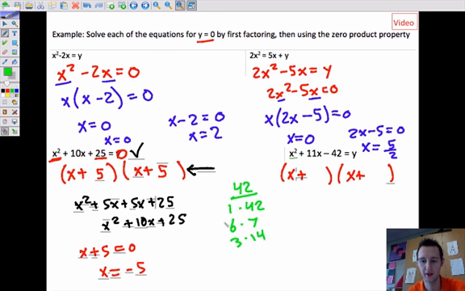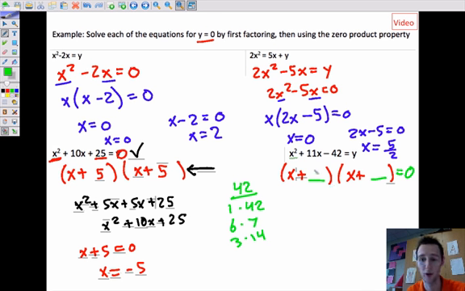So from this list, we need to pick out a few things to put in the rest of these terms. We know that when you multiply them together, they will give us 42. So now we're looking for something where the inside term and the outside term add up to the middle term.